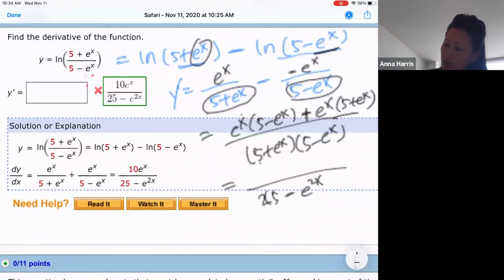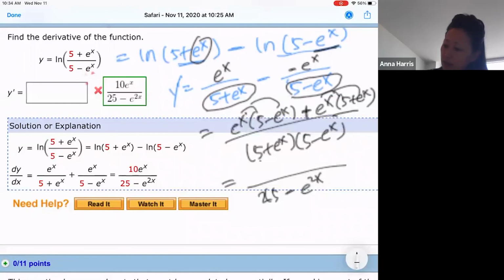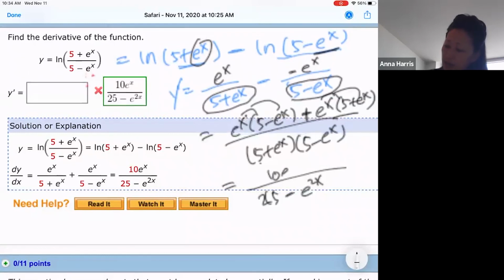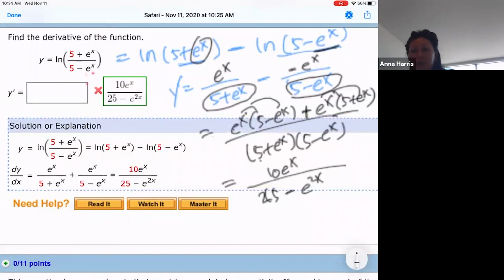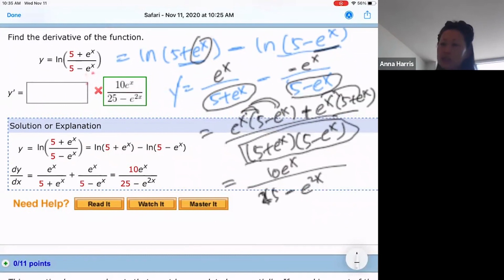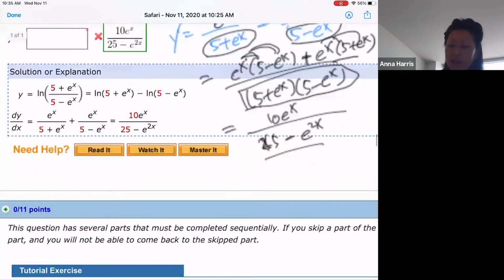And then you just multiply them out, and you get a 10 e to the x. When you multiply them out, and when you combine them, you get that. So just do the distribution, and then right here, you follow this part. You follow this, then you get this. All right, so it's not hard, it's long, it's tedious. You do a lot of algebra, that's all.